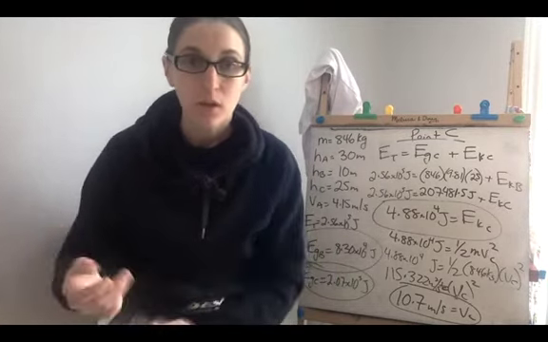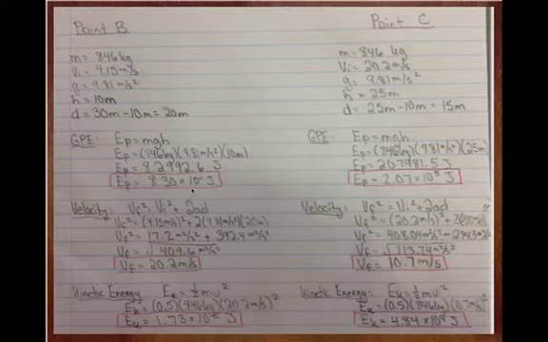So there you go. Now, this was one of those questions that you could have done using a lot of your kinematics formulas. So I'm just going to show you that option on this slide as well. You can still get point B and point C, and you can still get your gravitational potential energy the exact same way: your mass times your gravity times your height. So you still get those same values that we've already calculated. But you could have found the velocity before finding the kinetic energy. We did the opposite.